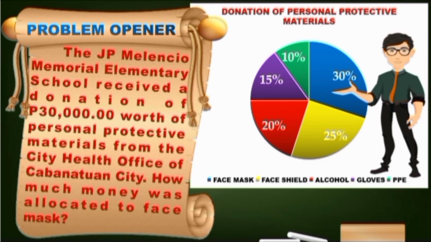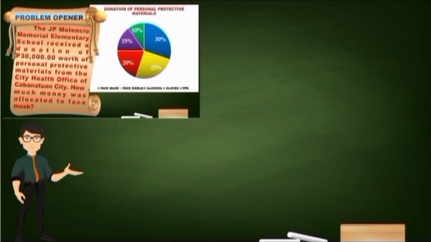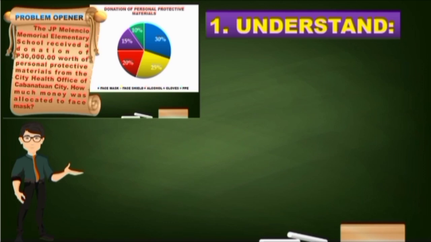Based on the legend, the face mask is 30%, 25% for face shield, 15% for gloves, 20% for alcohol, and 10% for the PPE. Now, to solve this problem, we are going to use the 4 steps. The first one is understand.